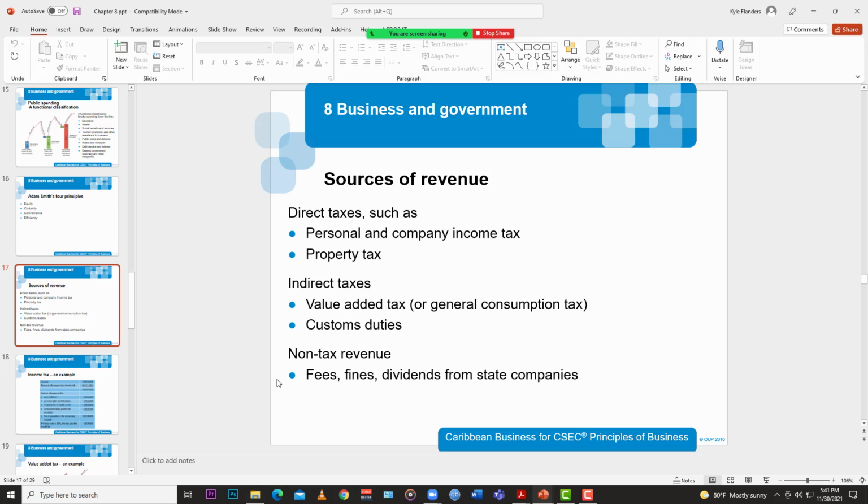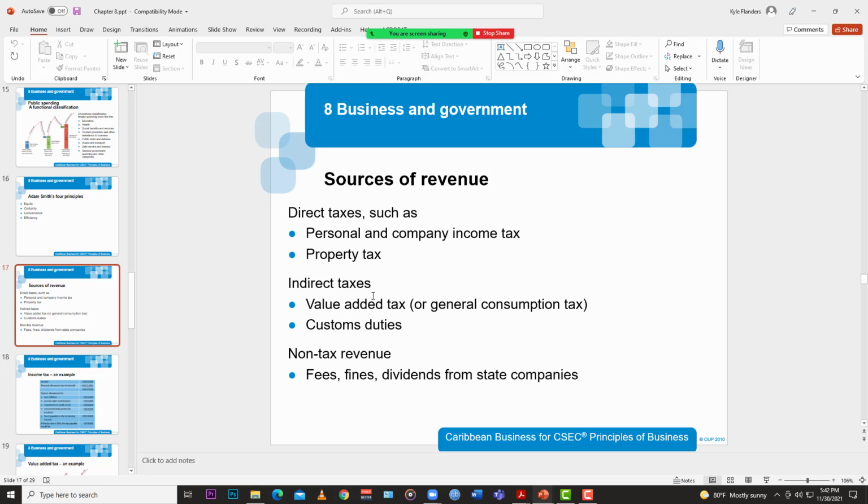With a value added tax, you have to actually consume something in order to pay that tax. If you do not take part in this service or this good, you would not have to pay the tax. You go to the supermarket to buy something, you see the VAT added to it. Had you not gone to the supermarket, you wouldn't have had to pay that tax.